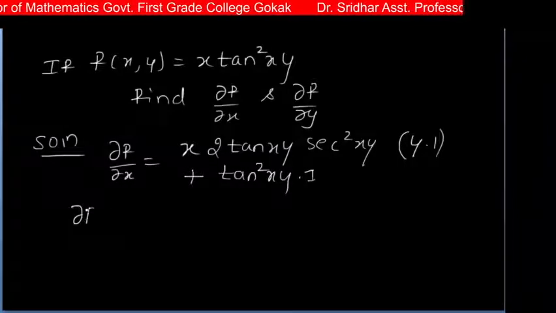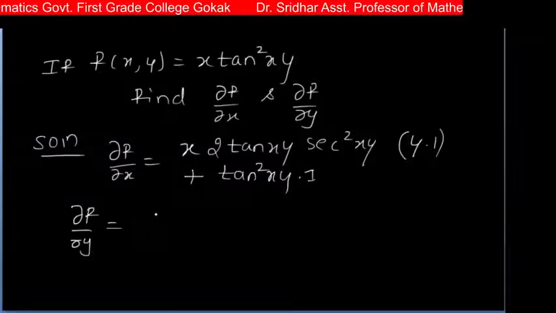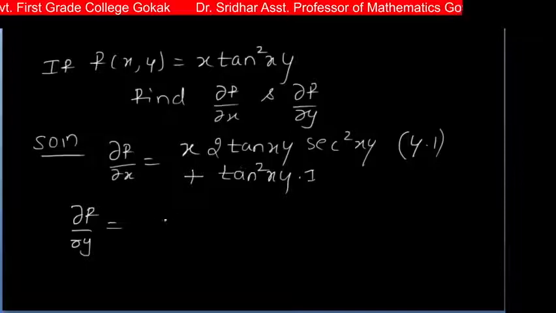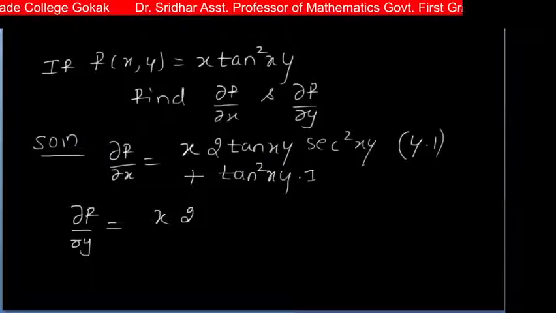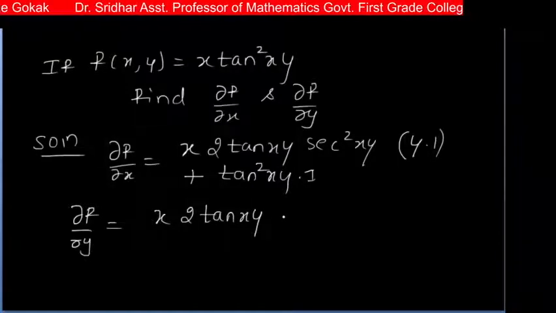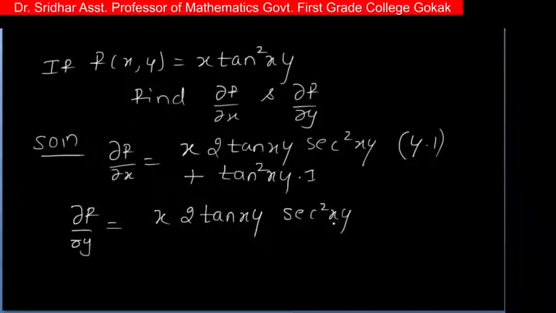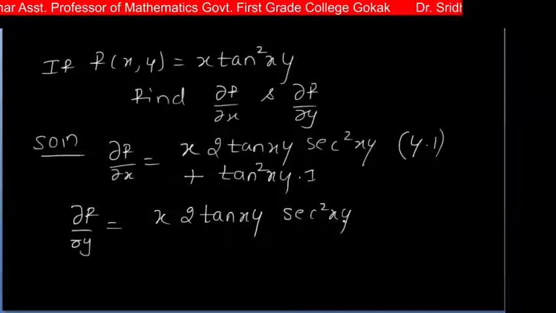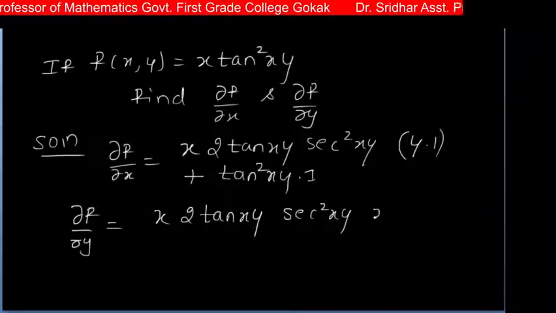Similarly, we find ∂f/∂y. So ∂f/∂y is equal to, again differentiating, here x is constant. The differentiation of tan square xy is 2 tan xy, the differentiation of tan xy is sec square xy, sec square xy into the differentiation of xy with respect to y, where x is constant.